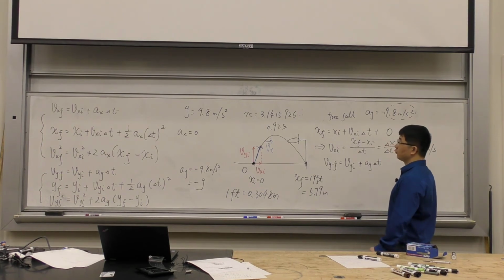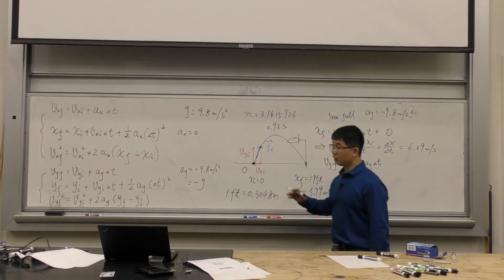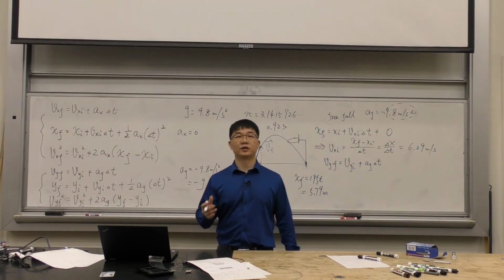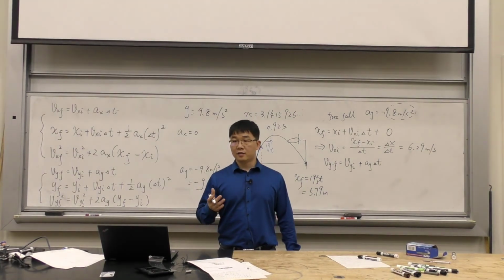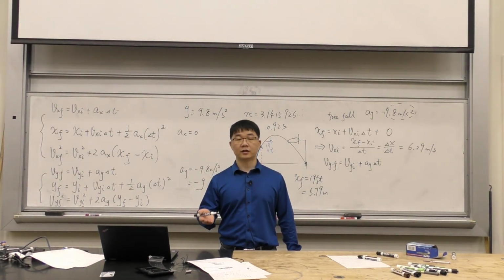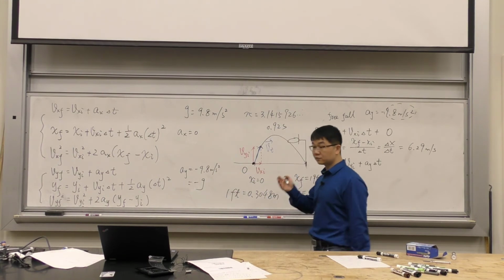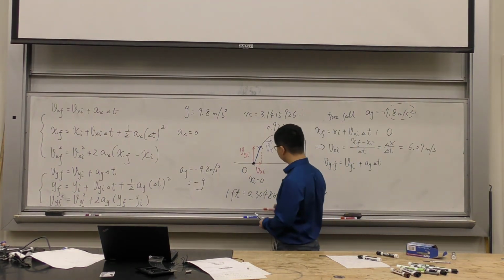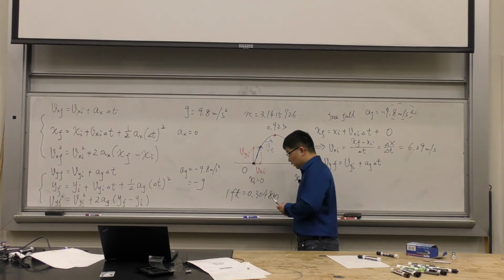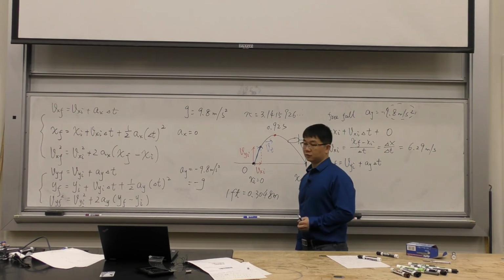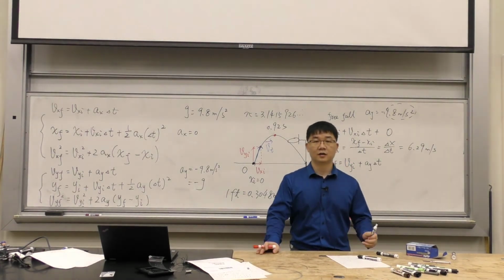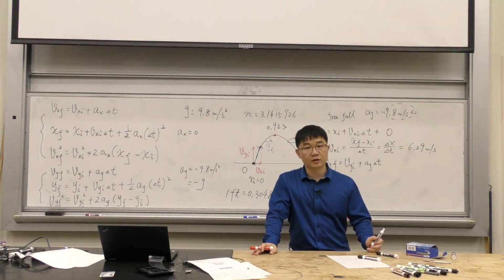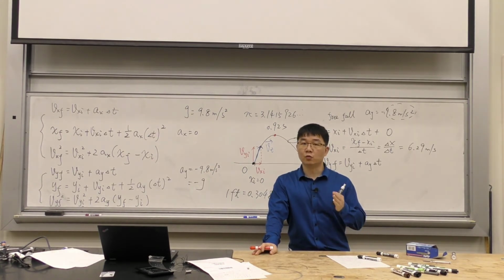Okay, but remember, you can always pick any points as your initial or final, and in a projectile motion there's always a very special point you can pick, which is the top. Why? Because at the top, I know something, even if the problem doesn't tell me. What is the velocity in the y direction at the top?